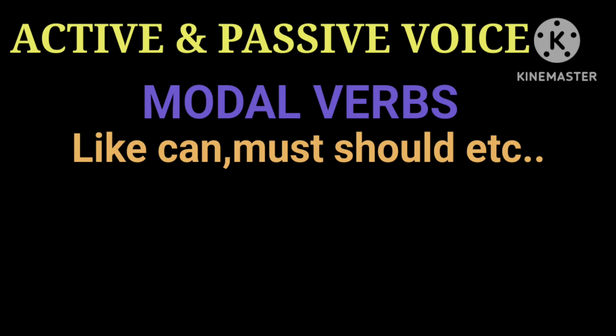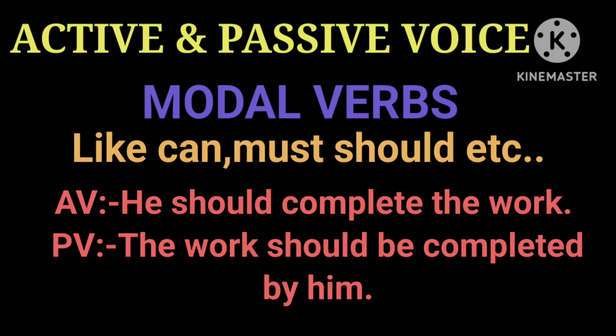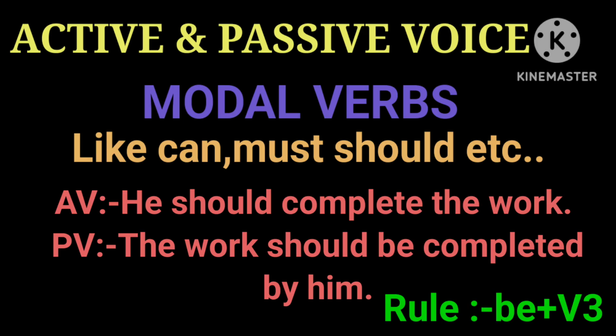Next, he should complete the work. In passive voice, the work should be completed by him. Again, we have added be here along with the V3. So, if you observe these examples, the rule we can find is be plus V3. The work should be completed, that is be plus V3.